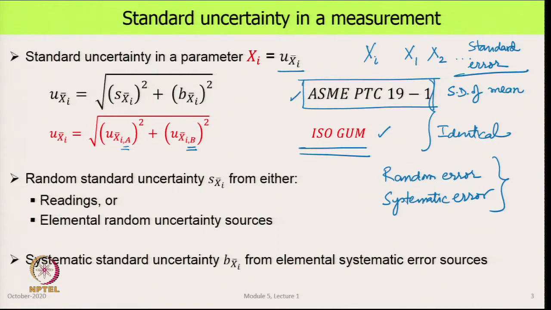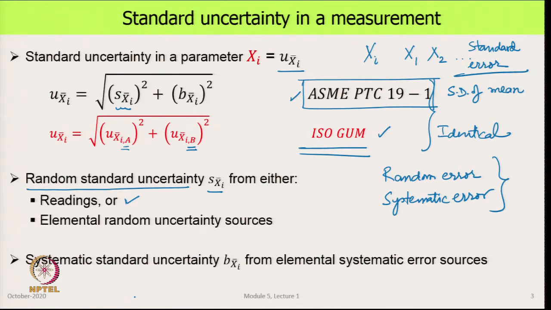Now, to calculate it, the strategy goes as follows. We calculate the random standard uncertainty S x i bar, which is this term here, in one of two ways. Either we collect a lot of measurements from the instrument, those are our readings, and then do a calculation on that.